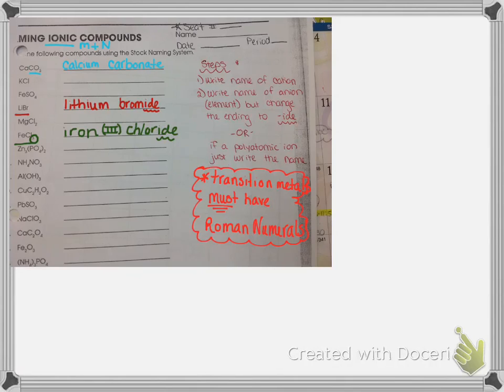Now you don't have to do the Roman numeral every single time you do these problems, but if the cation or the metal is a transition metal, then you have to do the Roman numerals. Otherwise, there's no way of knowing what the charge is on that metal. And that's how you do these types of problems.